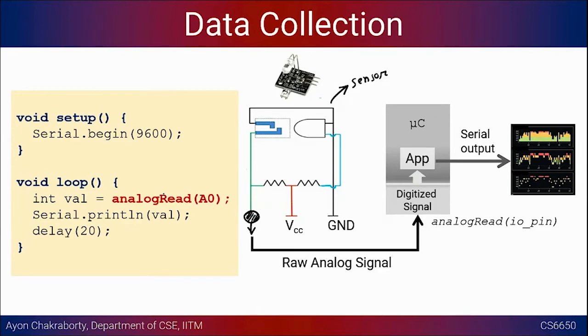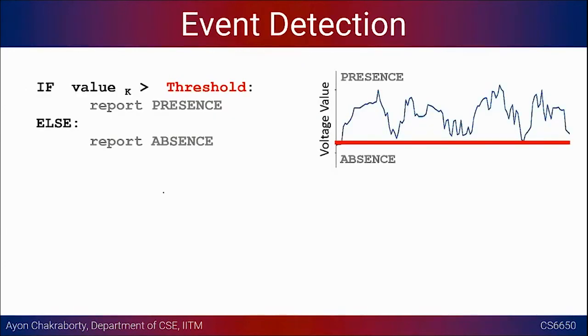And what could be the simplest algorithm here? One simple algorithm could be, at every instant of time we are estimating a certain value, and if that value is greater than a threshold, we can report that the person is present. And if it is lesser than the threshold, we can report that the person is absent.